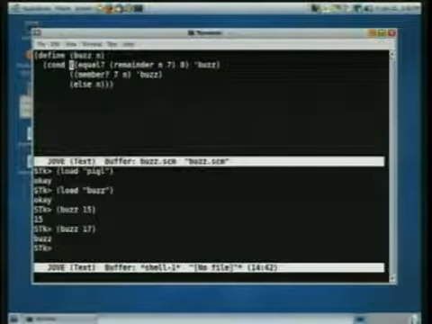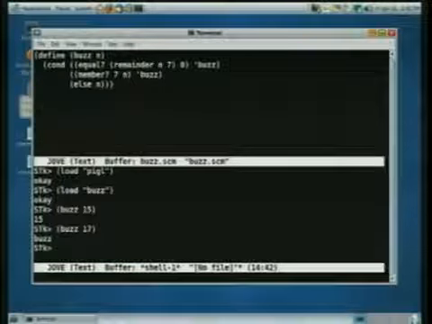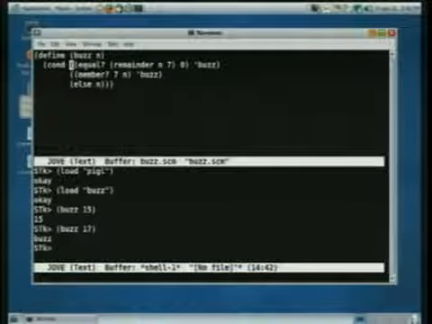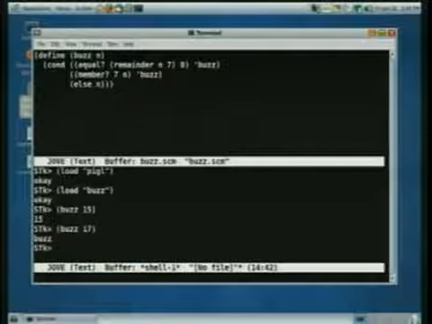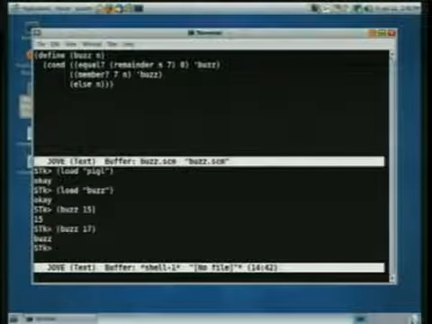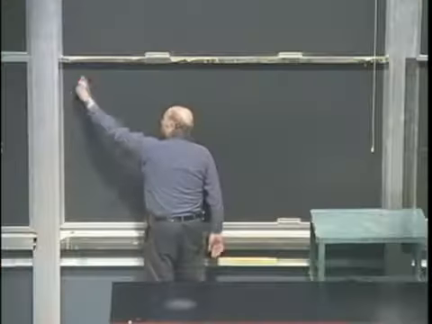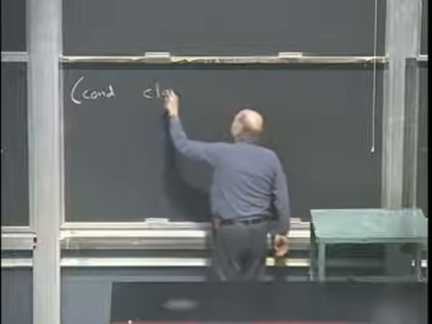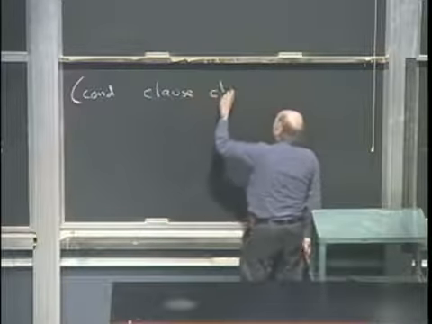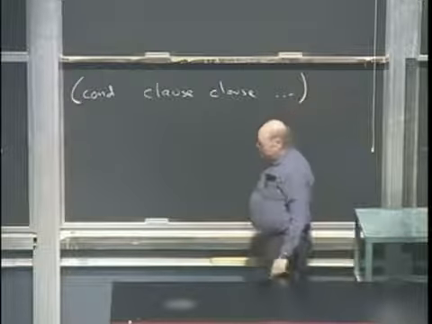The reason I want to take a minute to talk about this is that the notation, boy, we're running slow, is a little unusual. I remember I told you last time there are a handful of situations in which parentheses means something other than call a procedure. And this is one of them. So the way it works, you say cond, and then a clause, and so on, however many clauses there are.